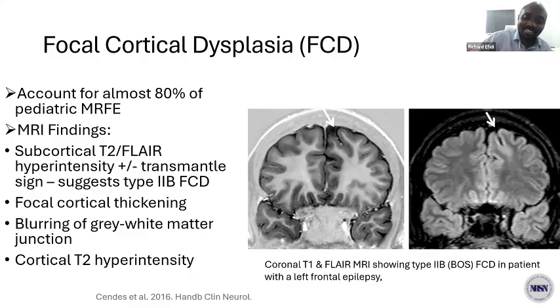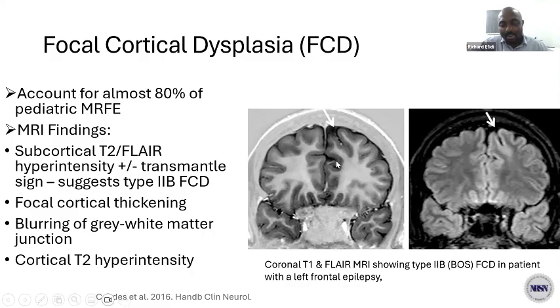Now, the characteristics of focal cortical dysplasia on MRI include subcortical hyperintensity, which can also give what we call the transmantle sign, in which the hyperintensity extends towards the ventricle. And then there's also focal cortical thickening, blurring of the gray-white matter junction, as well as cortical hyperintensity.